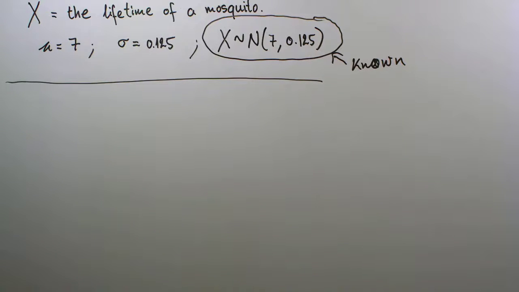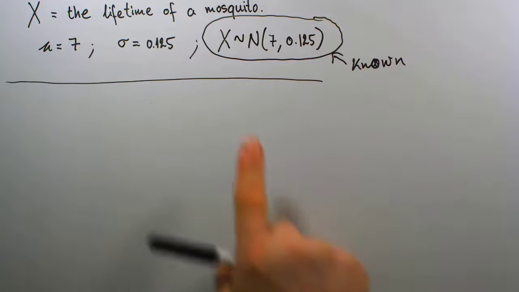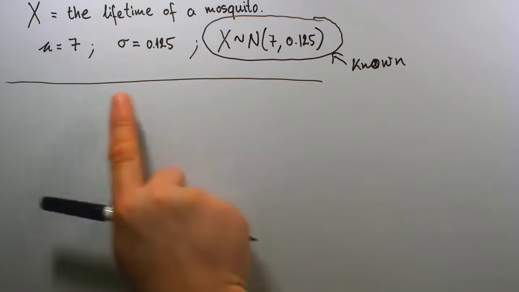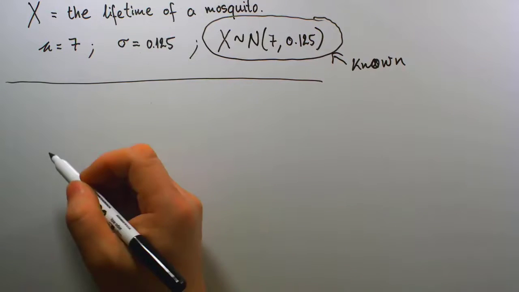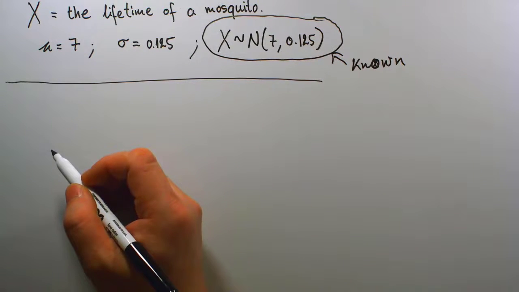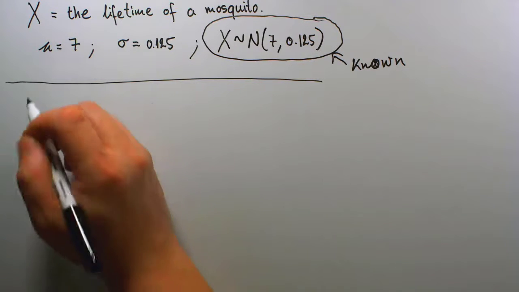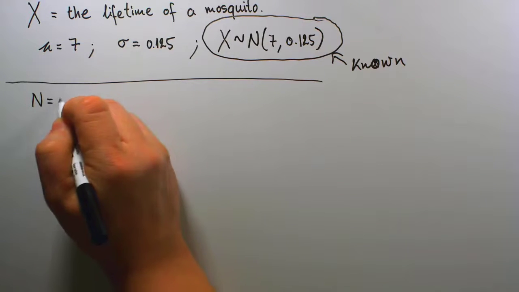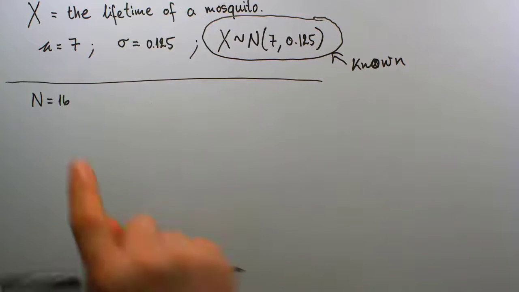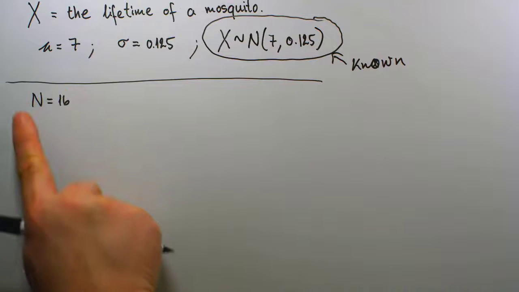Again, having all the information from the beginning description retained here, in this part B of the example we know that the sample size is 16, or in other words, each of our samples has 16 mosquitoes.